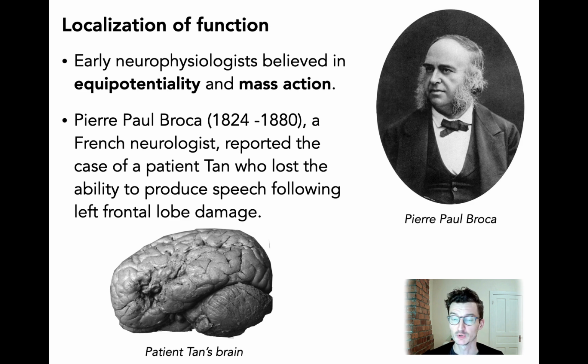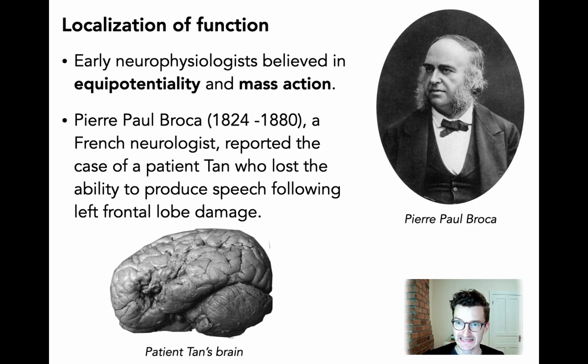So when we talk about the brain, we tend to relate different brain structures to different behaviors. But we didn't always think that way. So early neurophysiologists believed in a concept known as equipotentiality and mass action. Equipotentiality simply states that if you lose one brain area, other brain areas can step in and take over in a way.